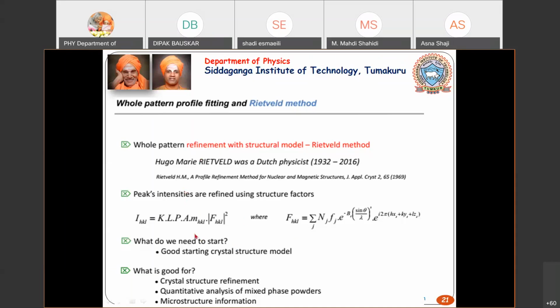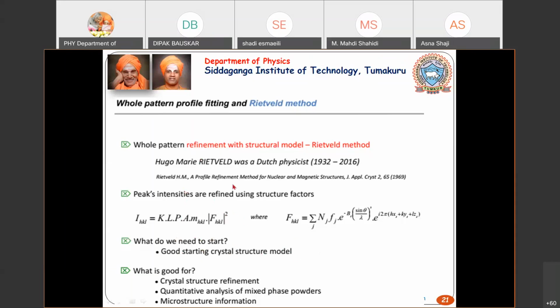So here, what are the things you need? You need to start with a really good crystal structure model. What is a good crystal structure model? That means you need to start with a good ABC parameter and a good space group.